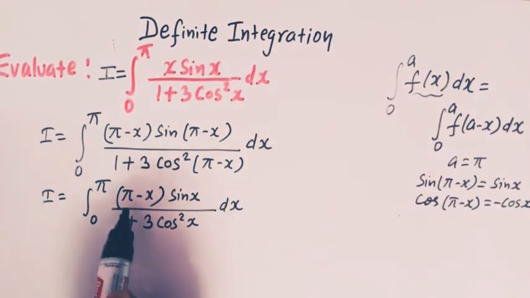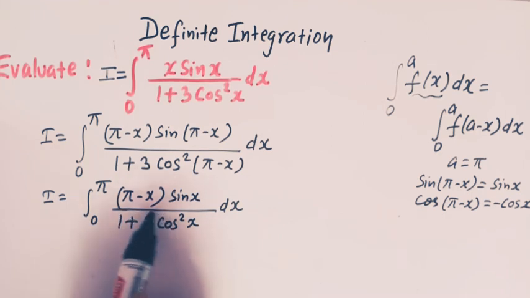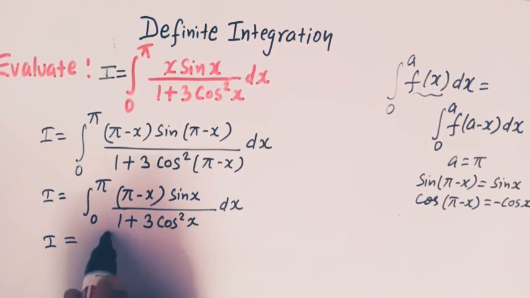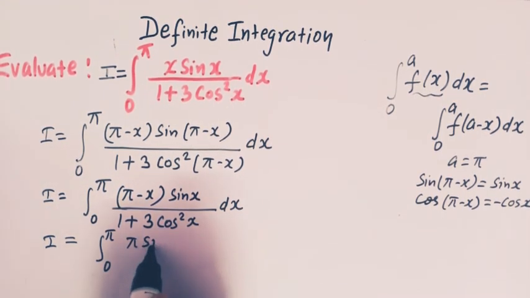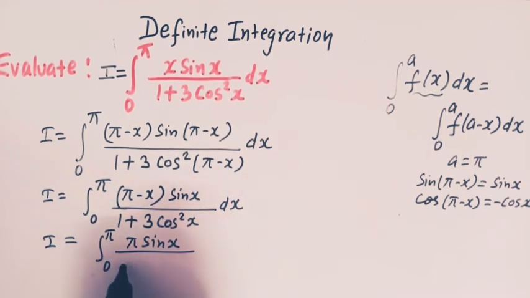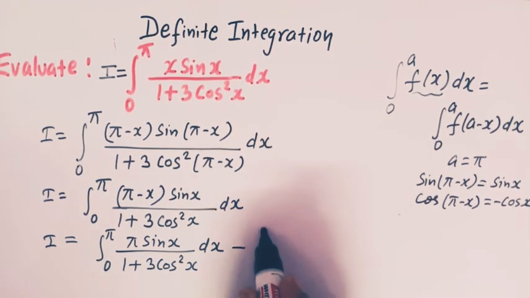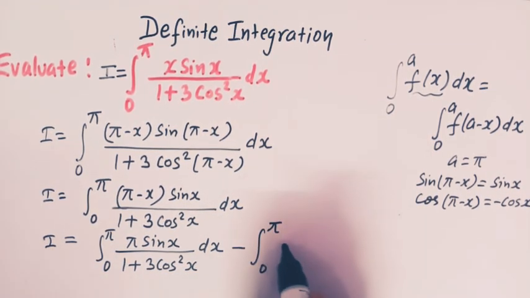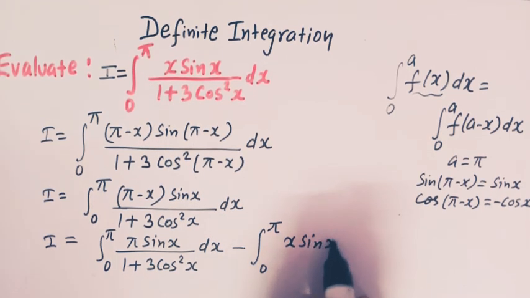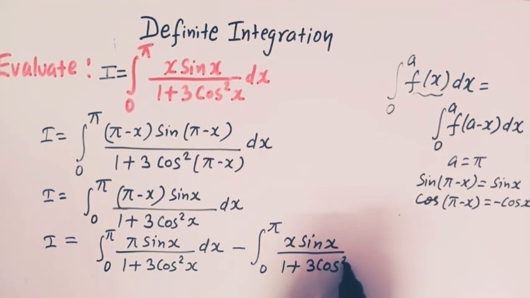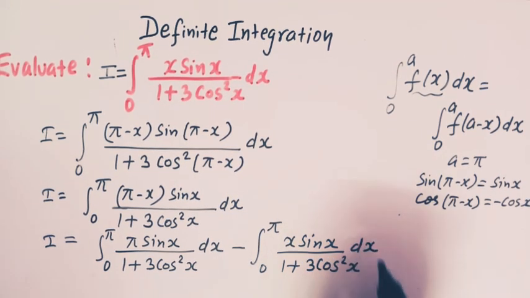Okay, now let us split this integral into the sum of two integrals, and we can write this integral I as 0 to pi pi sine x divided by 1 plus 3 cos square x dx, and minus 0 to pi, and we have x sine x divided by 1 plus 3 cos square x dx, right?